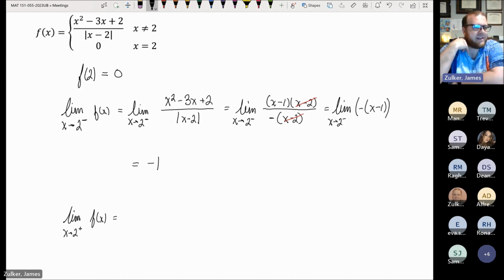Look at the right-handed limit. Well, once again, we're using the first piece.